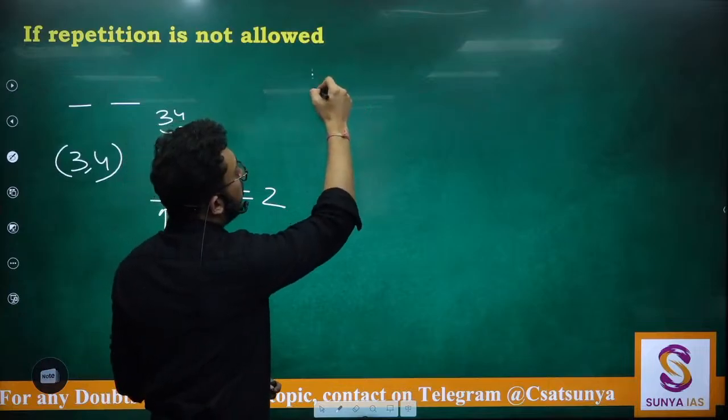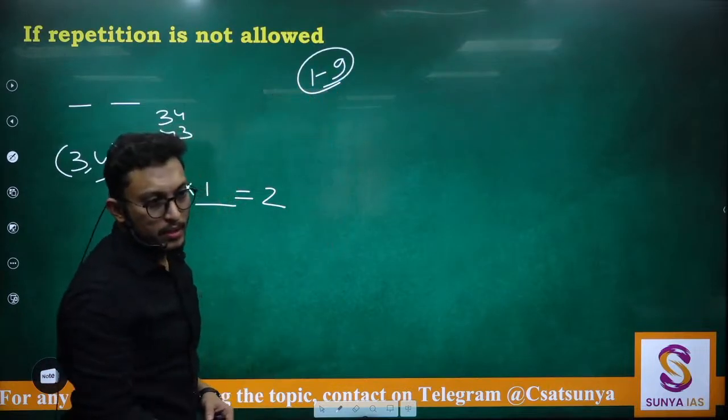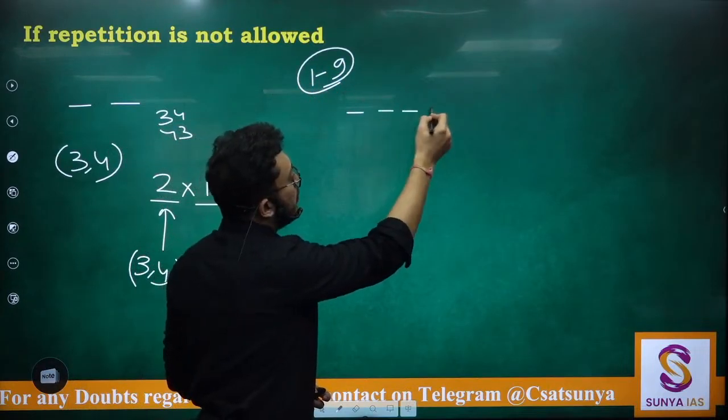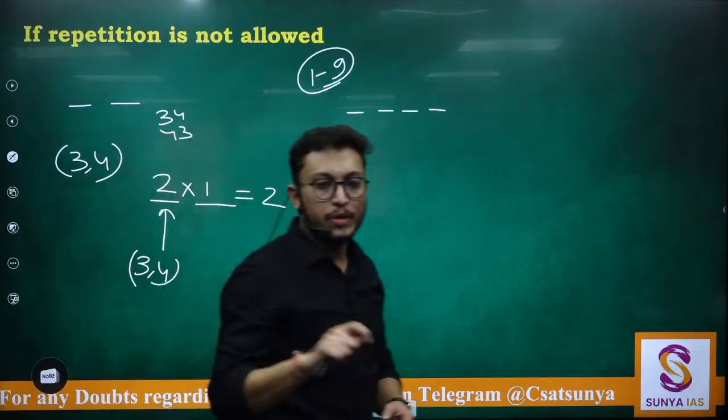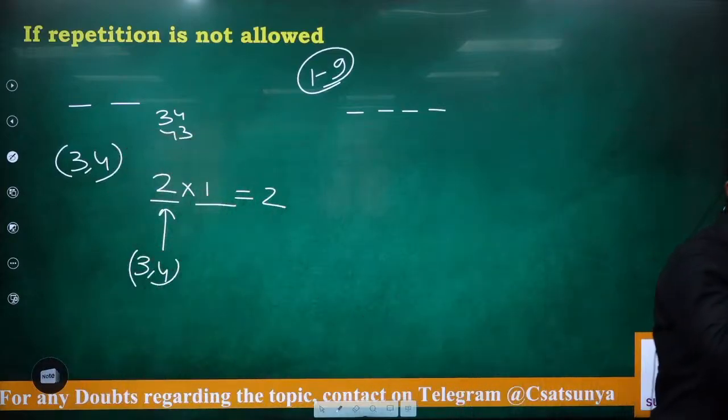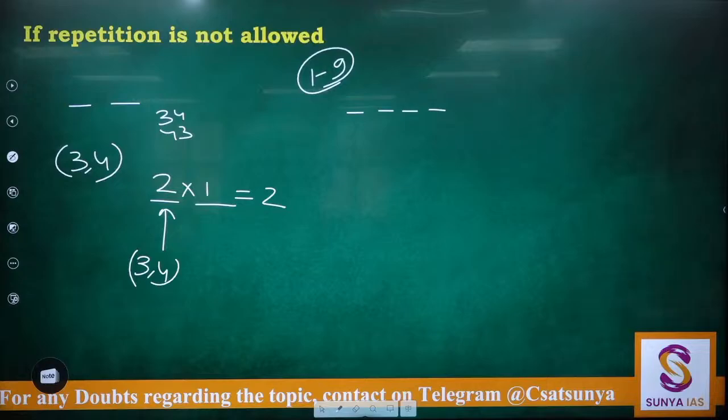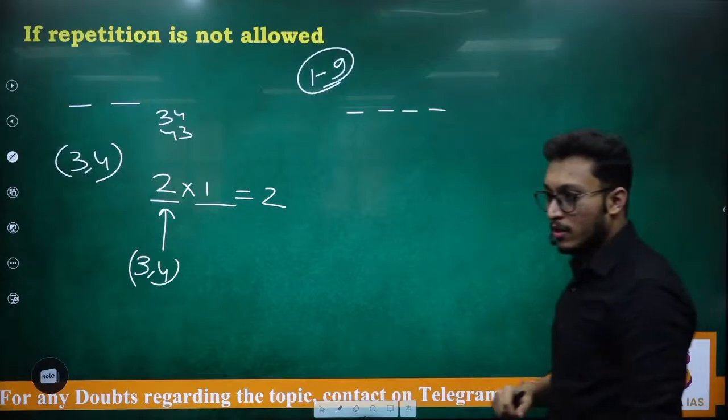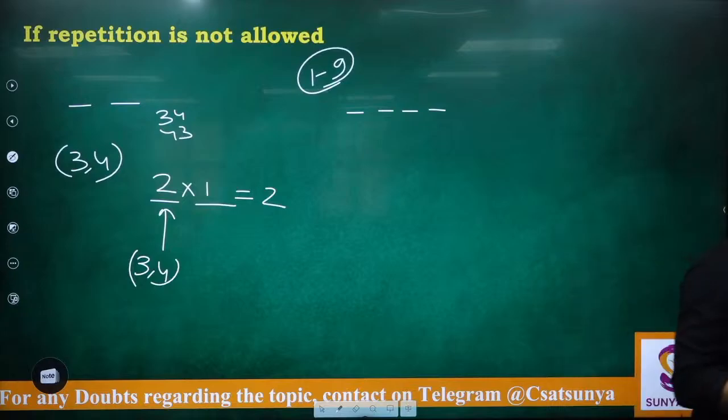Similarly, let's say I have digits from 1 to 9. How many 4-digit numbers you can form without repetition of digit? Saurabh, yes, the question said that there should be illumination.